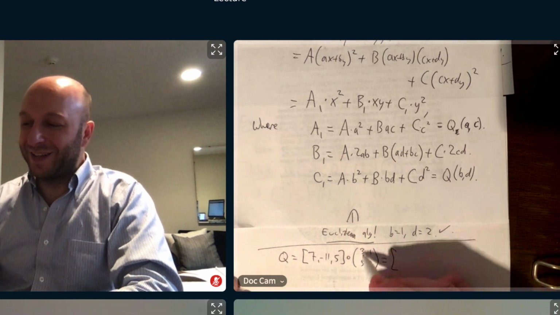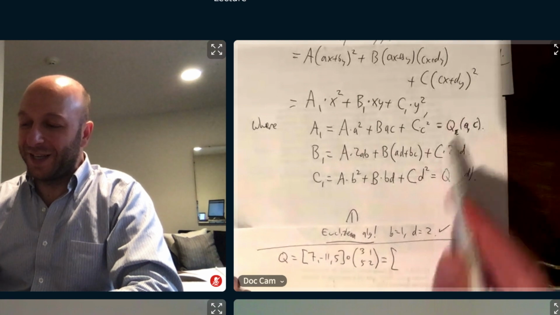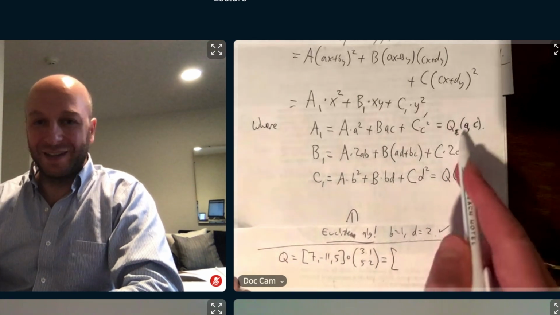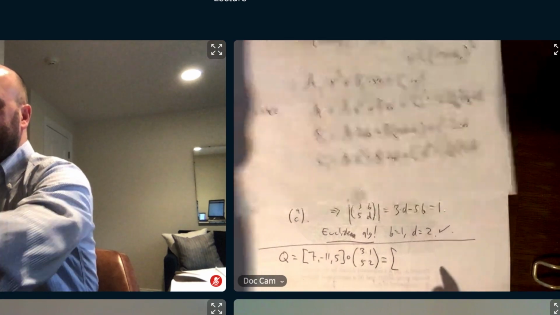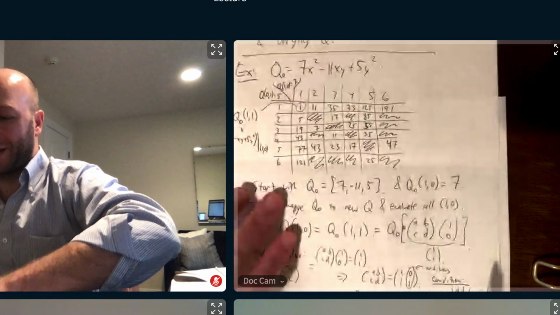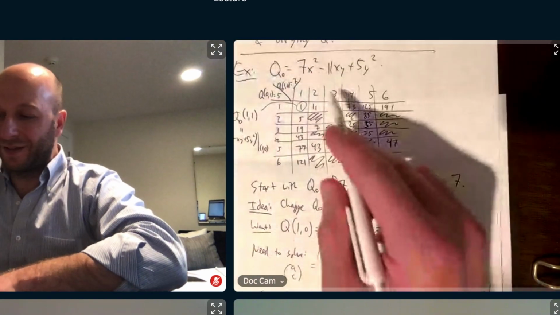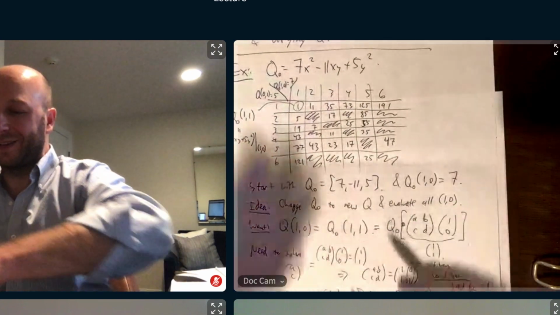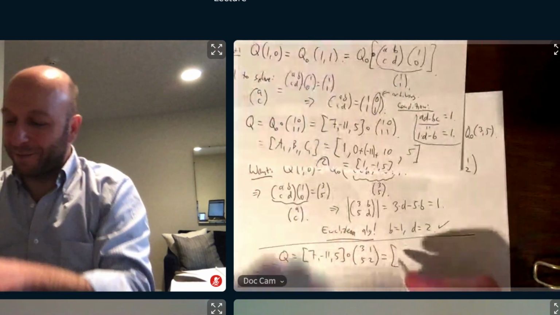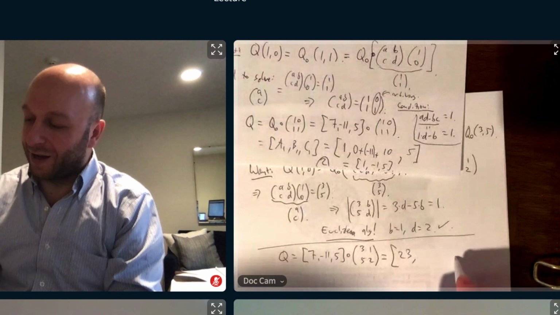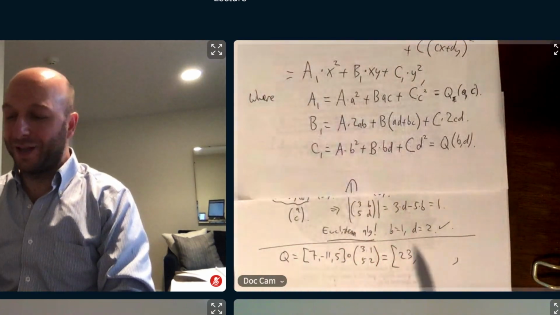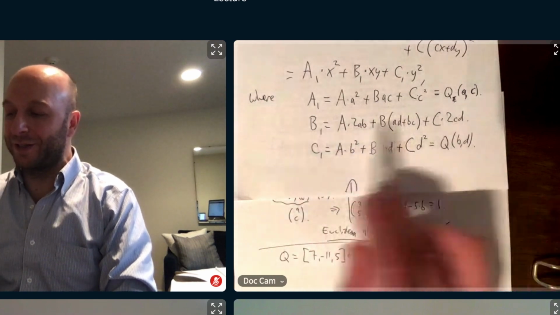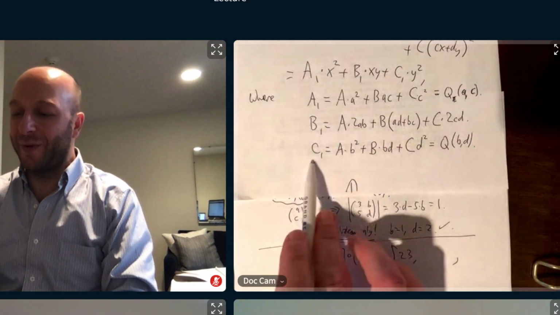The whole point is it's Q of AC. It's Q of 3, 5. And we already worked out what that is. That is literally this entry, the 3, 5 entry that we're trying to unpack, and that's 23. Great. I'll leave some room for B1, because B1 takes more work. How about C1?